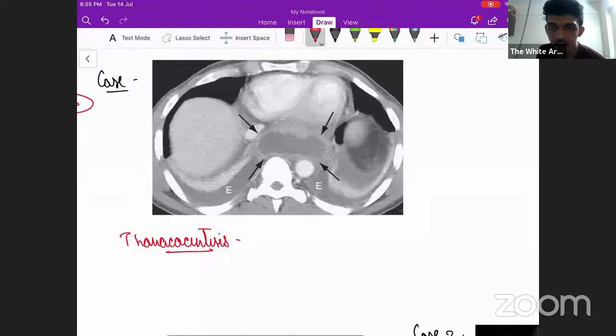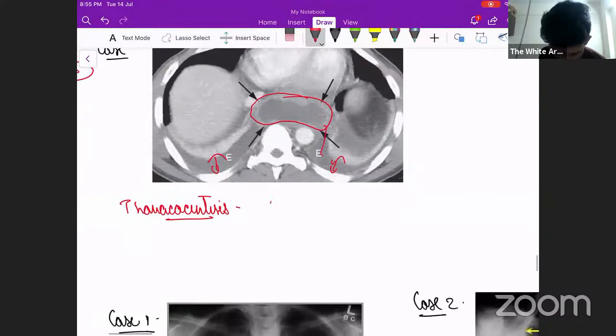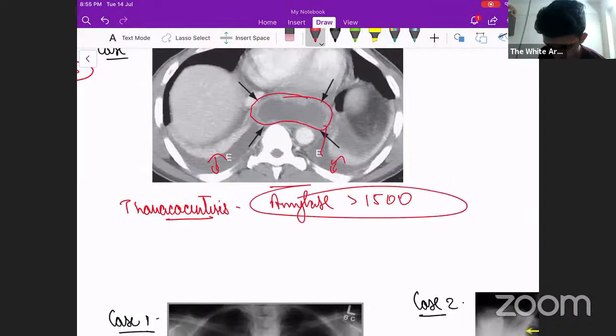Patient had acute pancreatitis a month back, following which, yes, it is a pseudocyst that has communicated into the mediastinum and formed a mediastinal cyst. And from here, there has been leakage, which has led to bilateral pleural effusion. Again, amylase levels are diagnostic, greater than 1500, I think. So amylase level greater than 1500 will be confirmatory for this case by doing thoracocentesis.